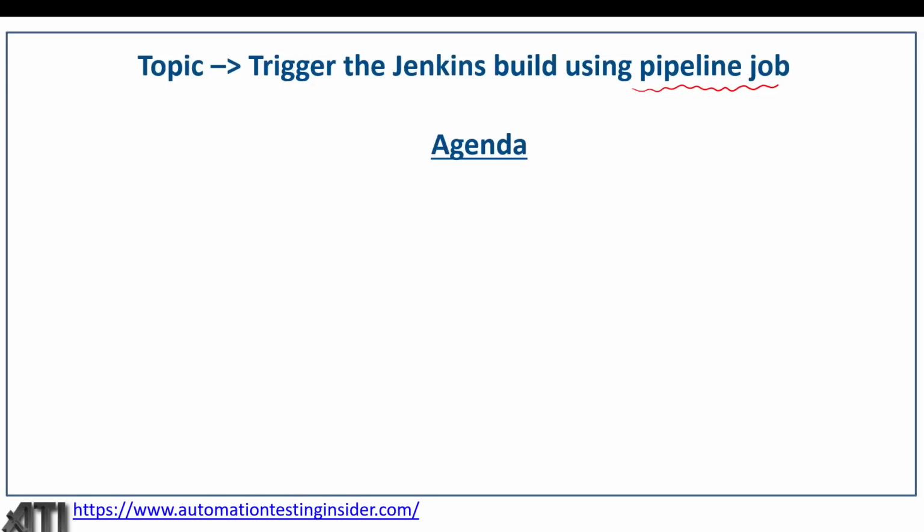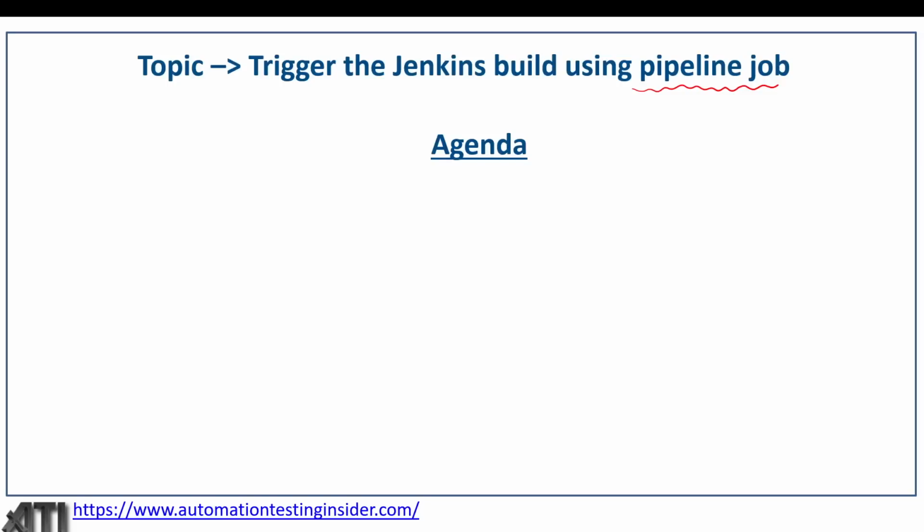This pipeline job is more flexible because we are using scripting over here, whereas in freestyle project we used to do everything, the settings, in the Jenkins UI only, and we have limited things over there to explore. But using a script we can do many things in this pipeline job. So that is the reason we go for pipeline job in real world projects.